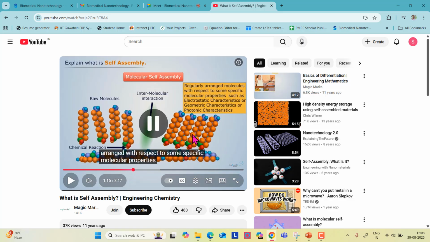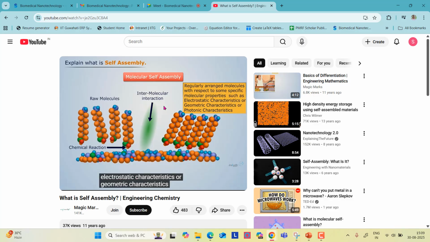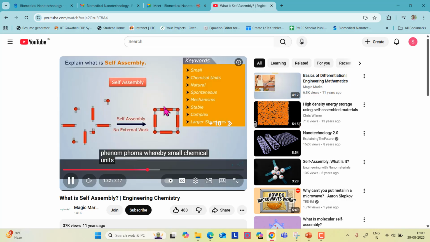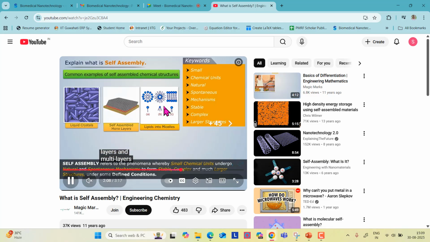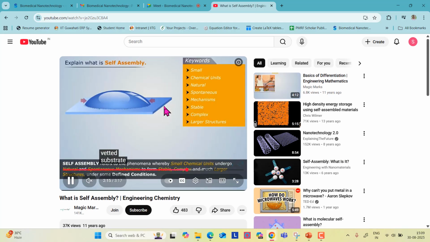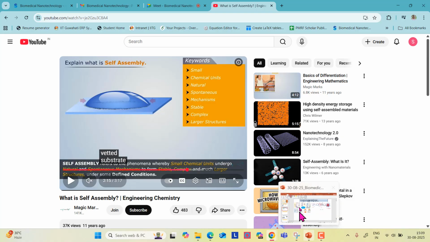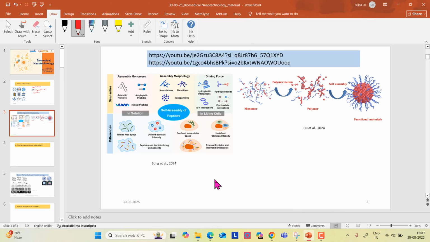You can see how the raw molecules behave, and now the intermolecular interaction is there, and they form a kind of self-assembled structure. Okay, you will see the video later. I will share the slides and you will get to see the video.